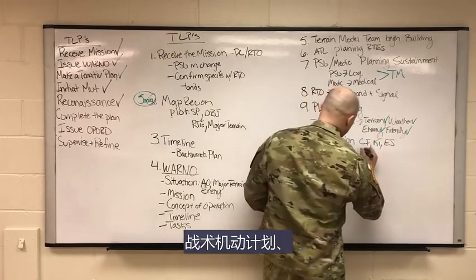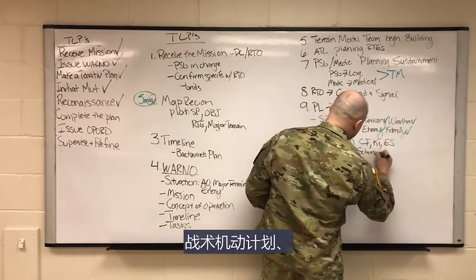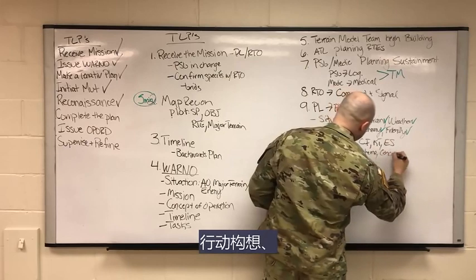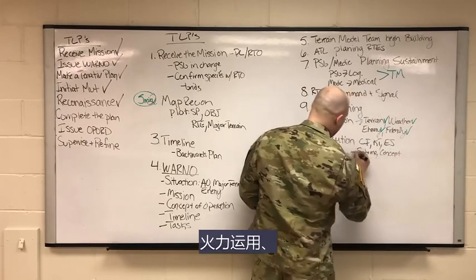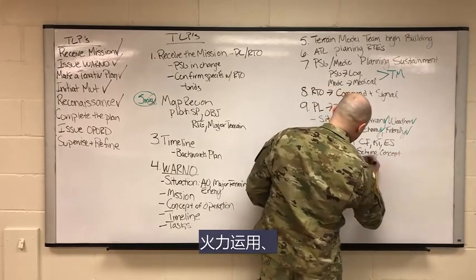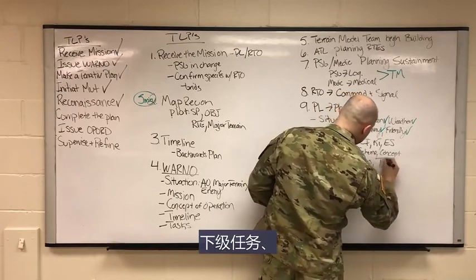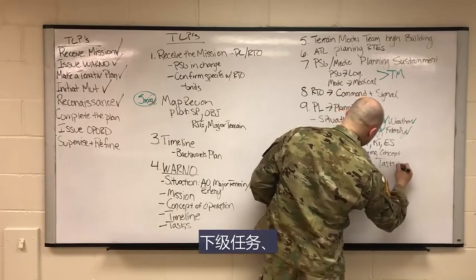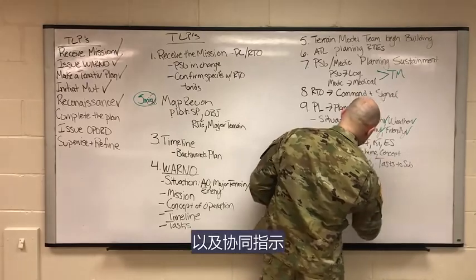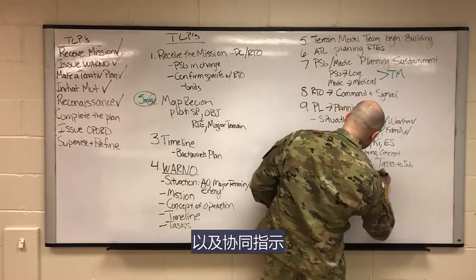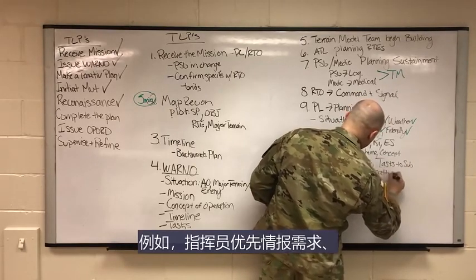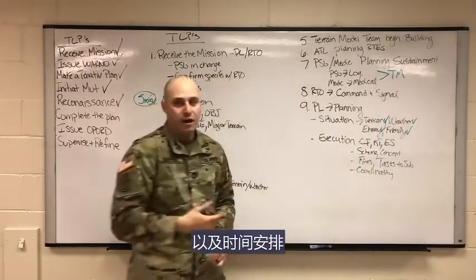He's got his scheme of maneuver and concept of the operation. And then he's got fires, his tasks to subordinates, and then he's got his coordinating instructions. And there you have your PIR, your timeline, all that stuff.